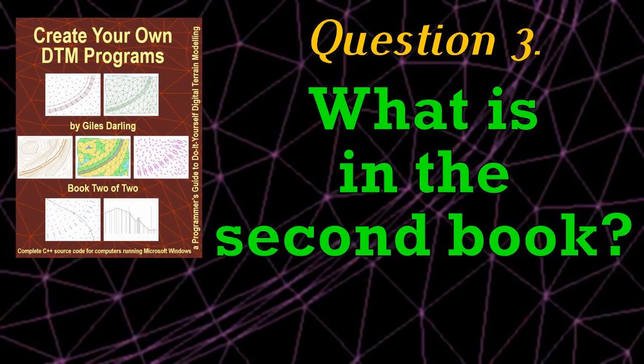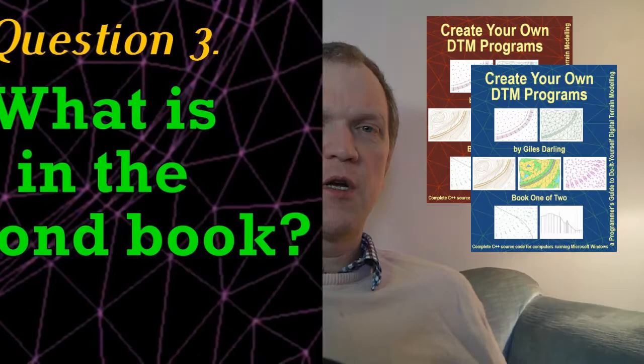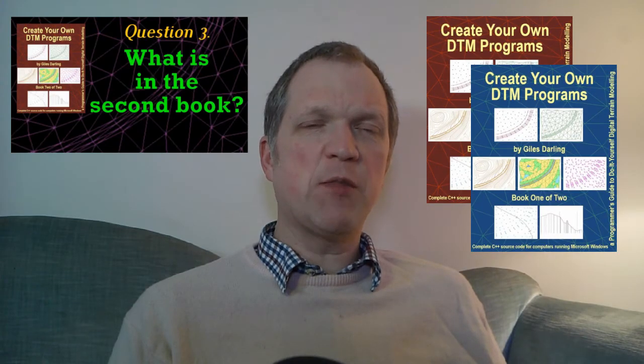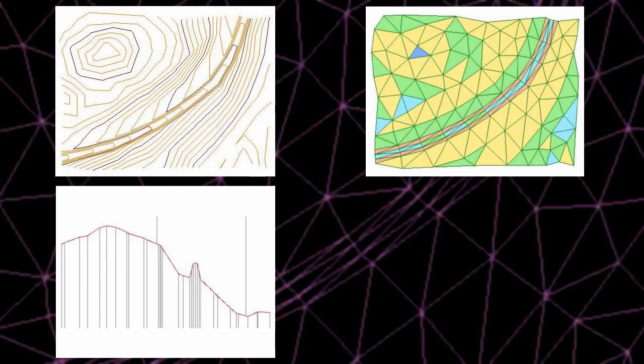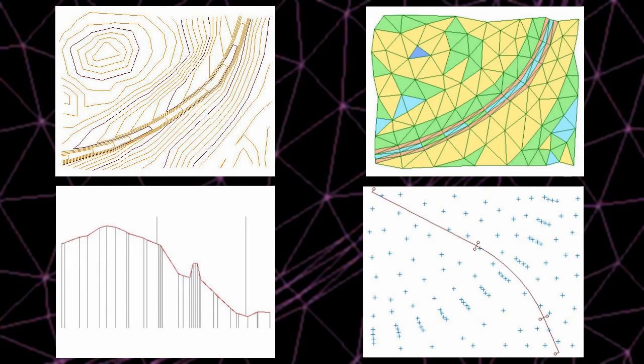Question 3. What is in the second book? The second book contains C++ source code for a variety of programs that work with your DTM data. These include adding contours, calculating slopes, and creating vertical sections or profiles through your DTM along a path or a polyline.